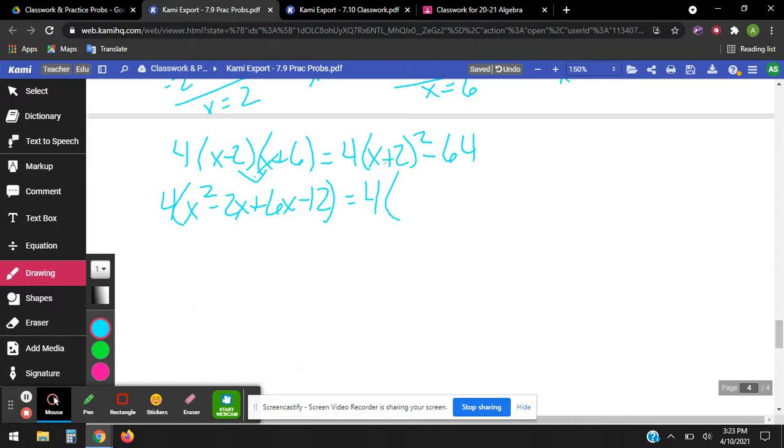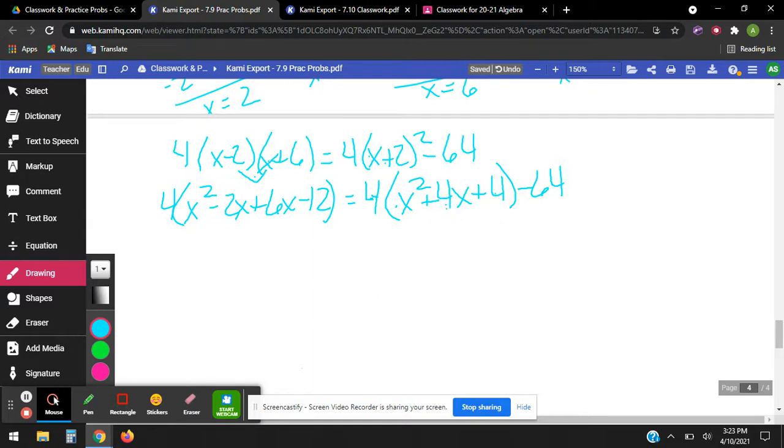And if I work this one out, it's going to be x squared plus 4x plus 4. If you remember, it's ax squared, b is twice that number, and c is that number squared.